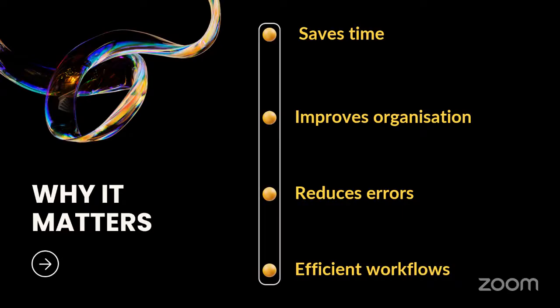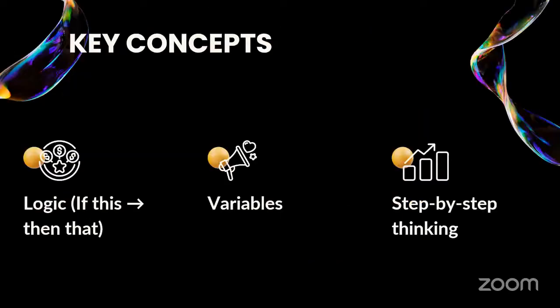And there are three key concepts which I have applied when preparing for this, the three we see on the screen right now. We speak of logic, variables, and step-by-step thinking. So these are the three ideas here. First, logic.